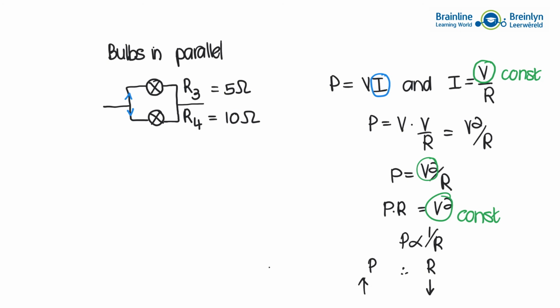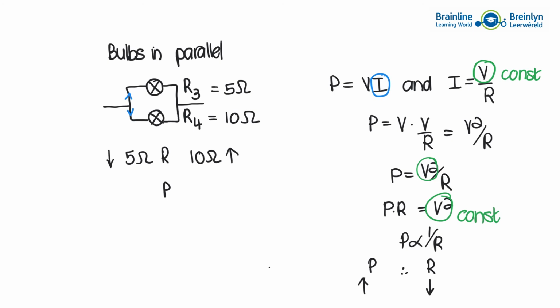In other words, coming back over here, let's go and look at the resistors that we have, and let's go and look at the power. The resistors were a 5 and a 10 ohm respectively. In other words, the 5 ohm has the lower resistance, the 10 ohm has the higher resistance.